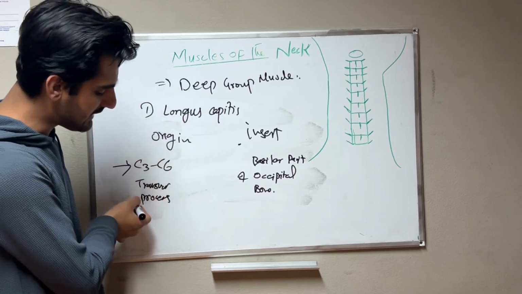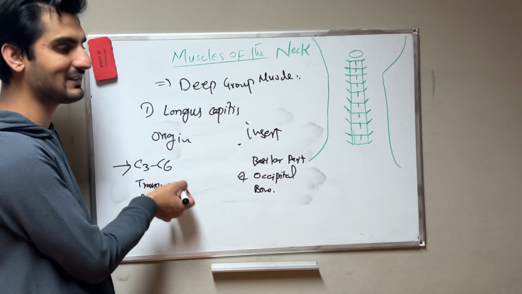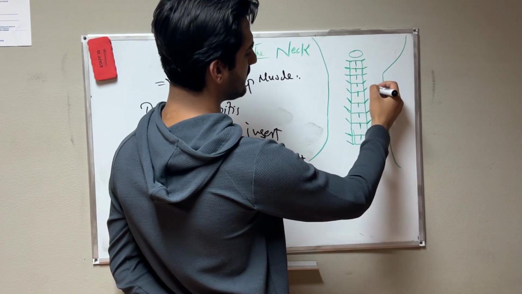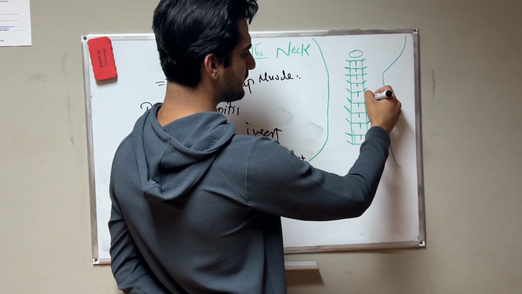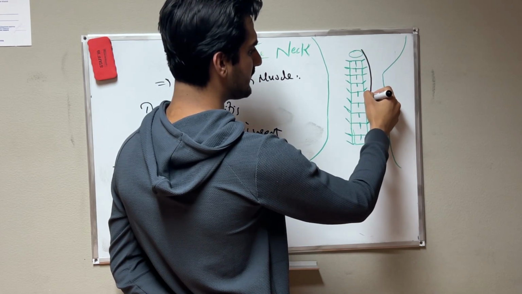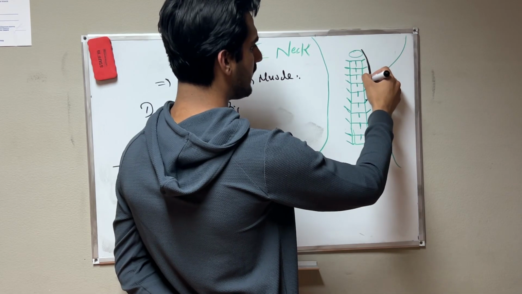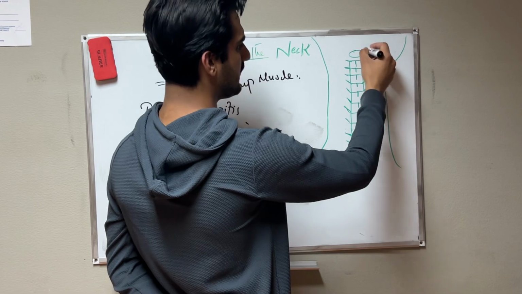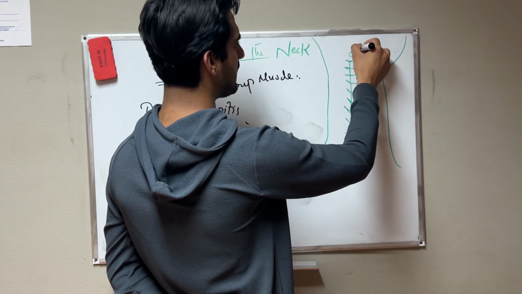Now we have written origin from C3 to C6 transverse process. Now we learn 1, 2, 3, 4, 5, 6. This is the transverse process of the cervical vertebra.